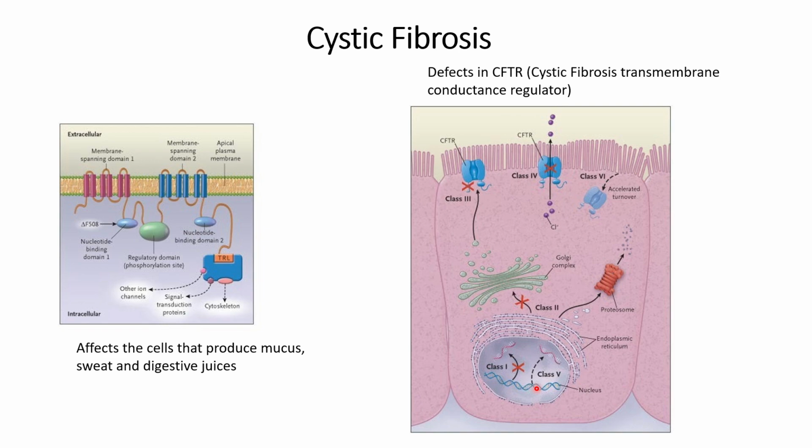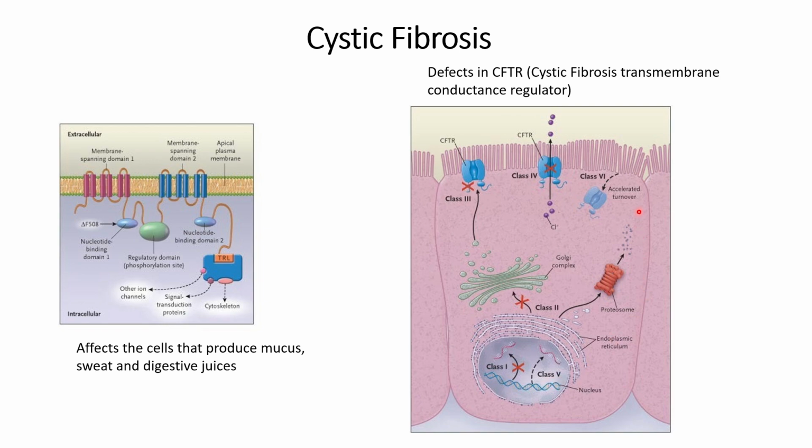Fifth one is the class 5 CFTR defect. What happens in this case is that in class 5 defect of cystic fibrosis, the translation rate of this CFTR protein is low, or below the normal level.